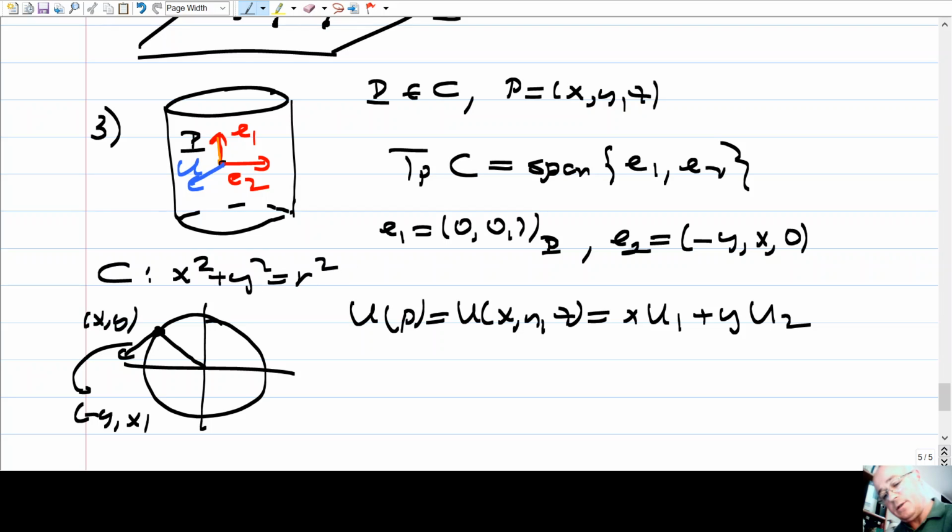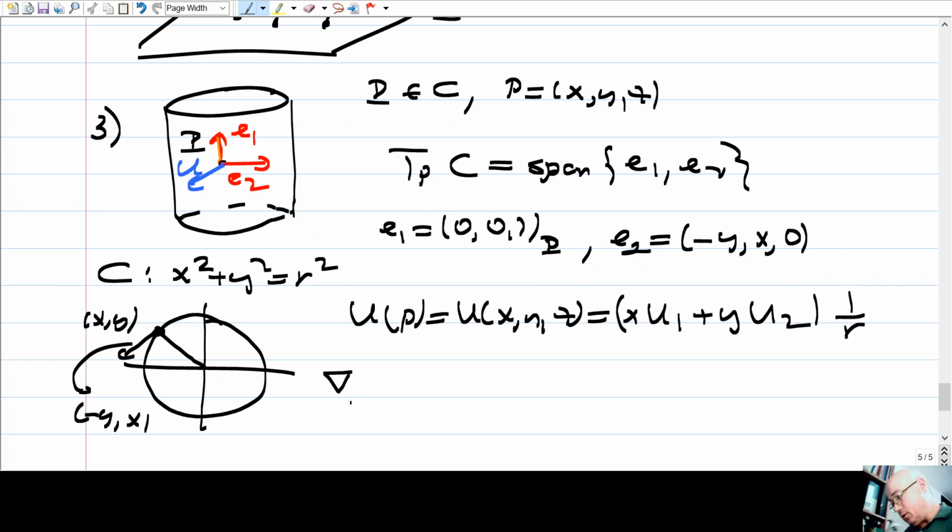Say this has radius r. Then, of course, this is a normal vector, but it is not unit length. To make it unit length, we can do this. Yes.